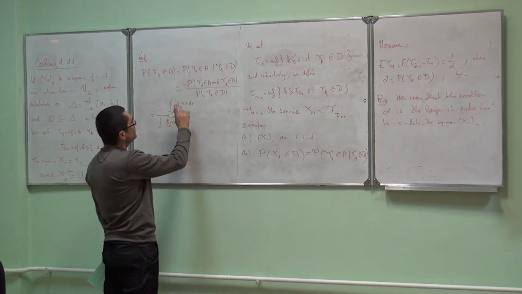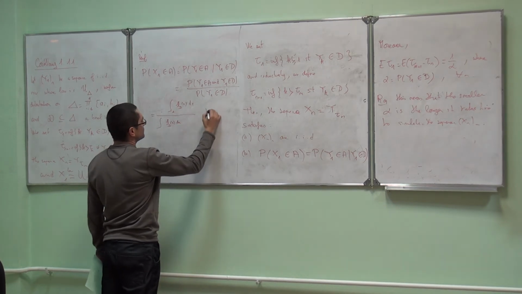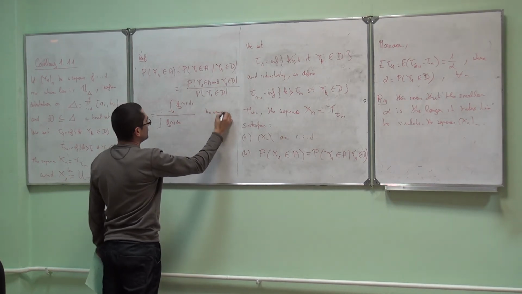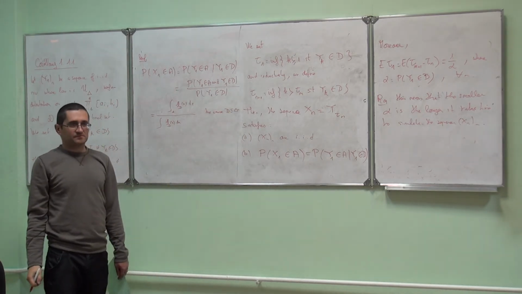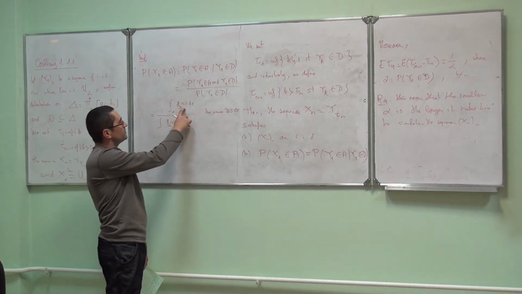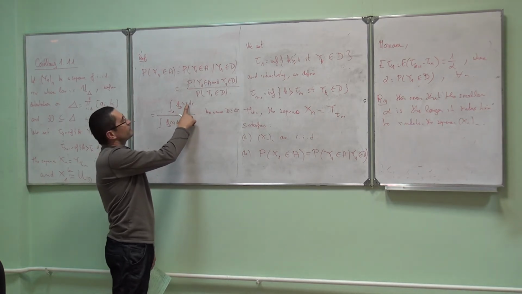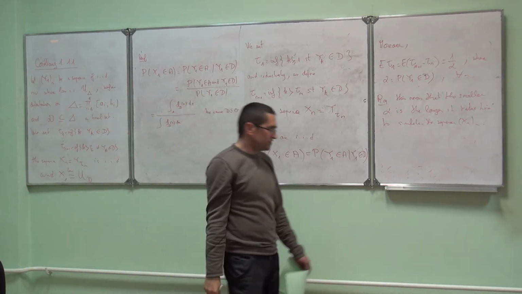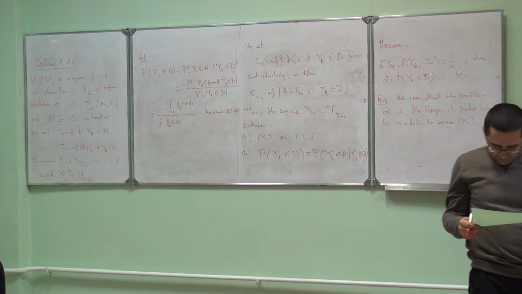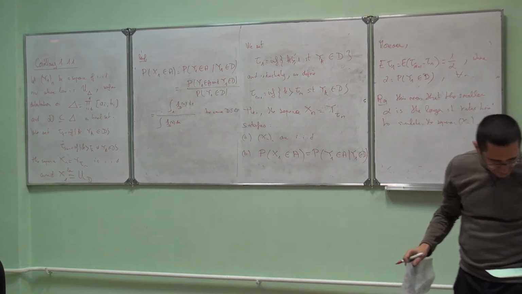Because D is included in delta. Right? A priori, you should write here indicator function D of x times indicator function of delta. Right? But we don't need to keep it. So, this is the result.